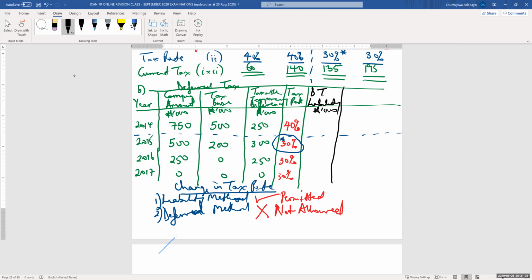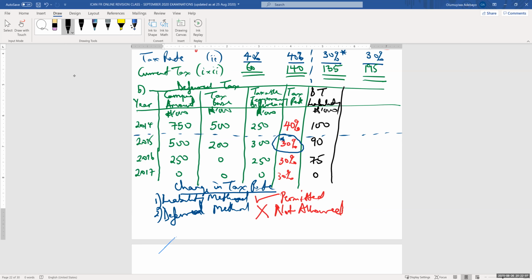Now, to determine that, what do we do? 40% times 250 in year one gives us 100. Year two, 30% times 300 gives us 90. Year three, 30% times 250 gives us 75. And year four, 30% times 0 gives us 0.